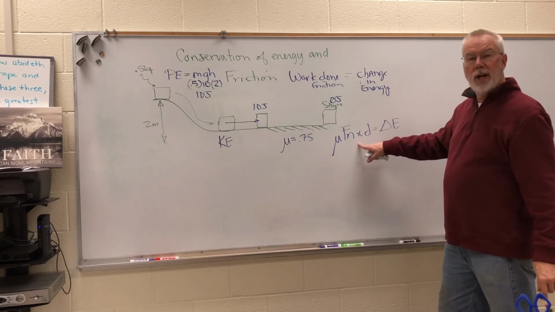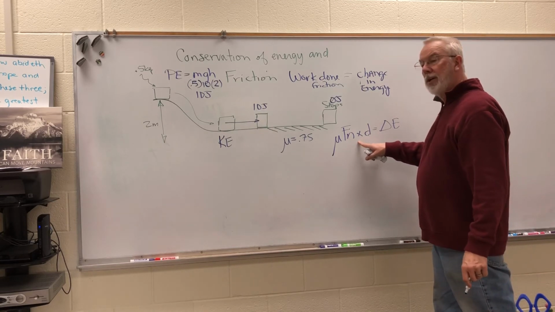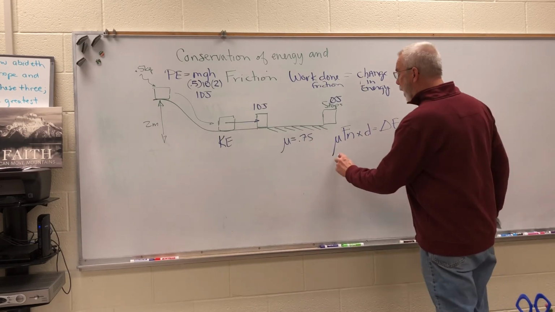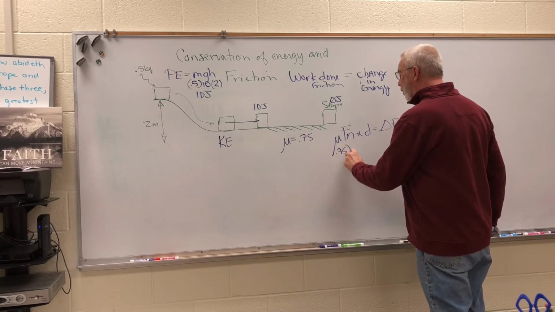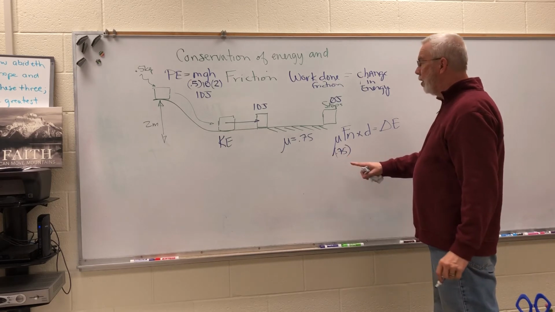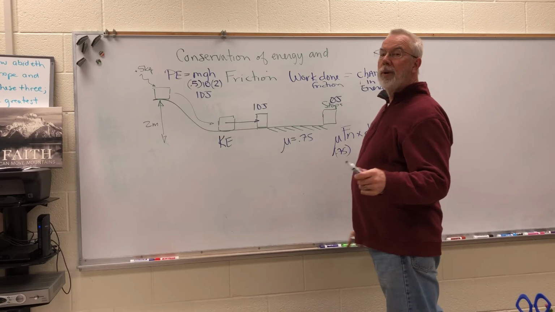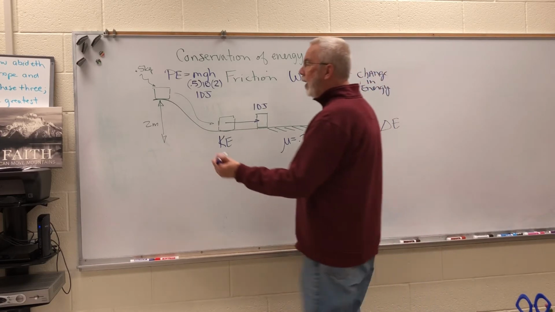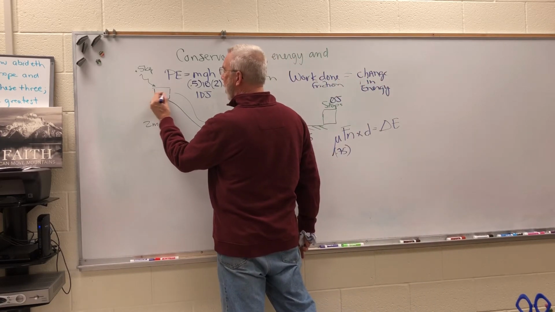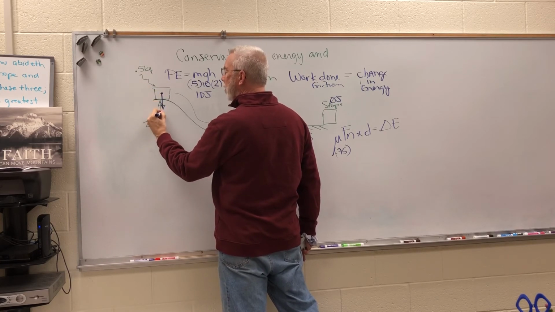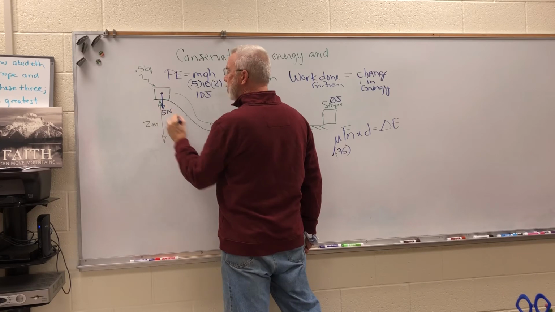And you should recognize this formula from what we did in class. Now, let's plug in some numbers. We've got 0.75 as the coefficient of friction. The normal force, you should remember, is equal to but opposite the weight. So if we go back to this picture over here, this 0.5 kilogram box has a weight of 5 newtons.